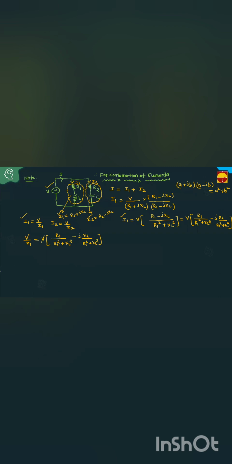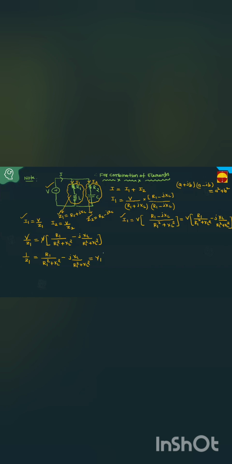Then this V cancels. Then what is 1 by Z1? 1 by Z1 equal to R1 by R1 square plus XL square minus J into XL by R1 square plus XL square. This is the Y1.